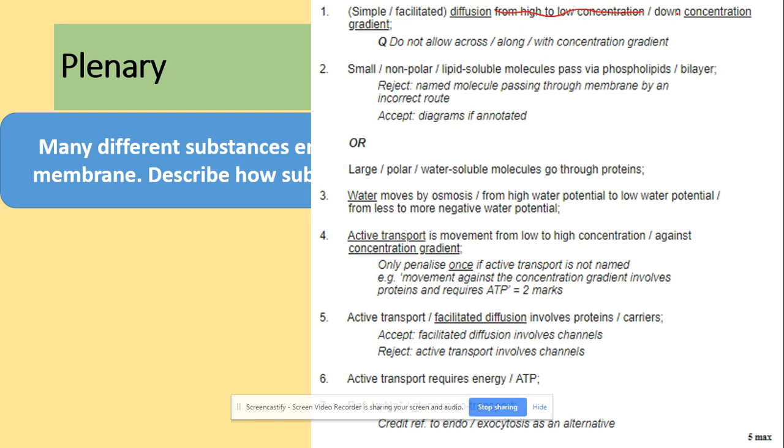So diffusion is down the concentration gradient. Small non-polar, lipid-soluble molecules can pass through the phospholipid bilayer. Large water-soluble molecules have to go through the proteins. Water moves by osmosis. Active transport is against the concentration gradient, only through the carrier proteins, and requires ATP.